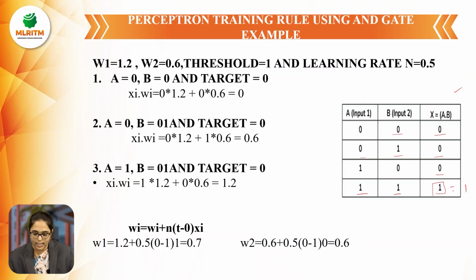So the inputs of the logical AND gate are x1 and x2, and this is the targeted output.